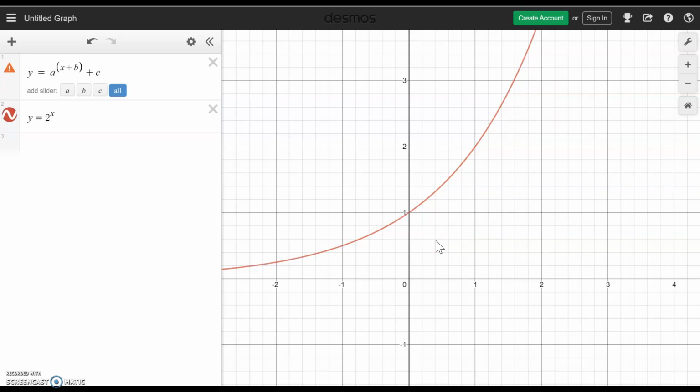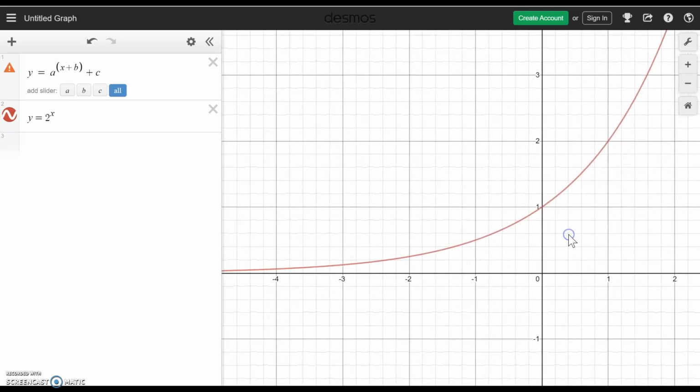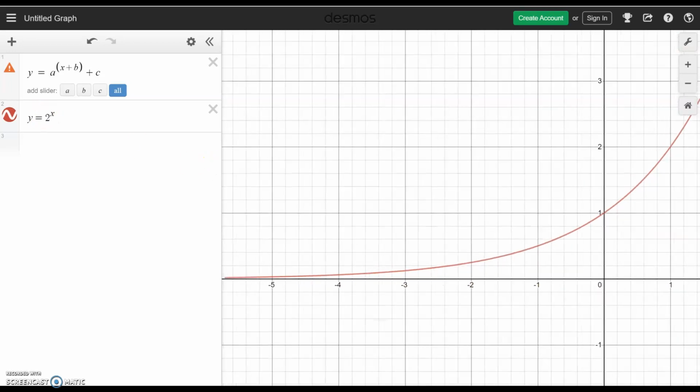There are a couple of features of this graph that we need to memorize, or understand in quite a lot of detail, and that helps us with our formula. The first one is an asymptote. We learned about asymptotes for hyperbolas, and this time around there's only going to be one horizontal asymptote, and for the default graph 2 to the power of x, you'll find this graph never becomes negative.